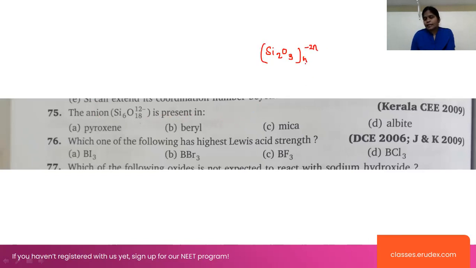So whenever you write n equal to 3 units, this formula changes to Si3O9. The general formula for the cyclic silicates is SiO3 to the power n, with charge minus 2n here. When you take the n value equal to 6, that will be represented as Si6O18, with charge minus 12. So this is the general formula for cyclic silicates, and the example is beryl.